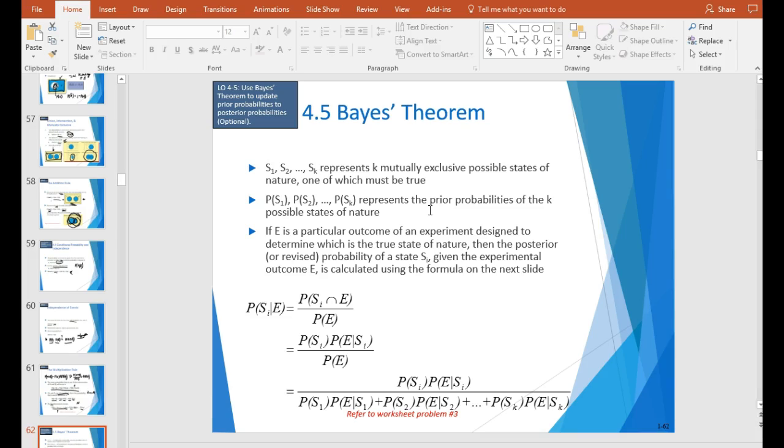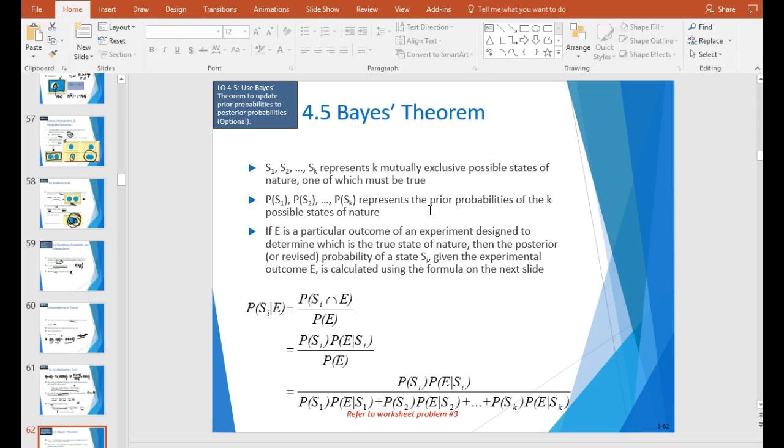I'll try my best to explain what they're saying here. S1, S2 through SK represent K mutually exclusive possible states of nature, one of which must be true.